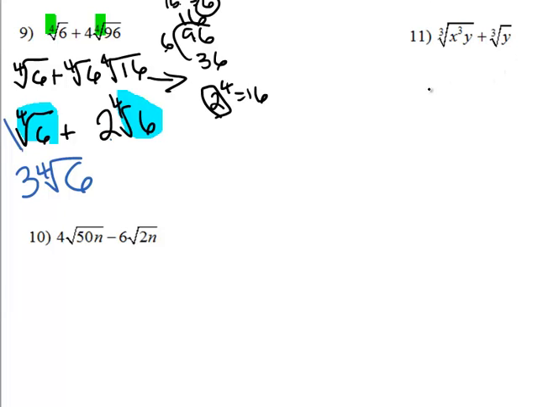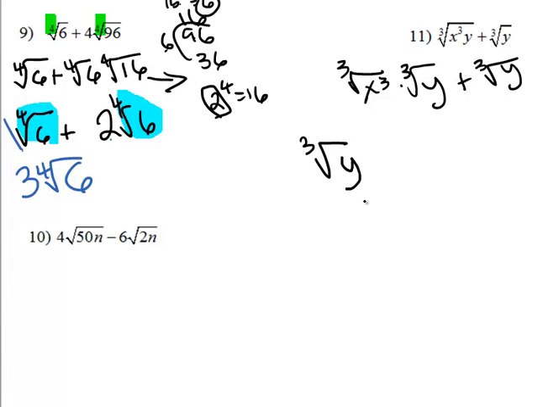Here, let's see, let's do some factoring first because they're not the same. So I have the cube root of x cubed times the cube root of y plus the cube root of y. Their common factor is the cube root of y, so I'm going to pull that out. And what's left behind?